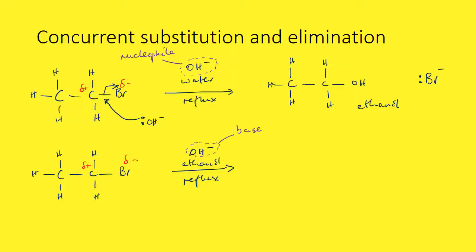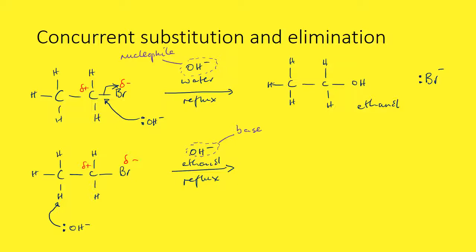Let's then put our hydroxide ion in with its lone pair. And that hydroxide ion, acting as a base, being a proton acceptor, remember, is going to attack a hydrogen atom.